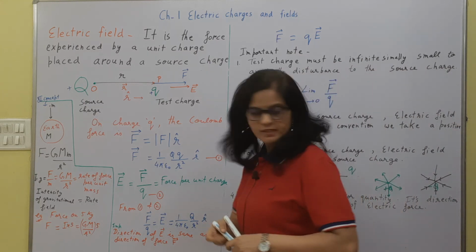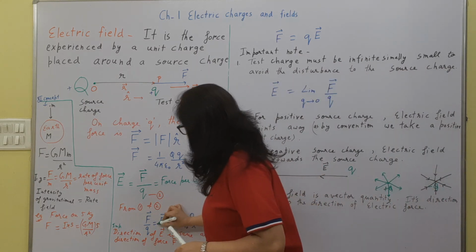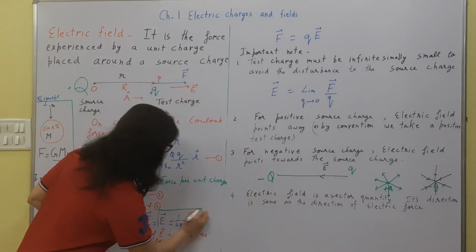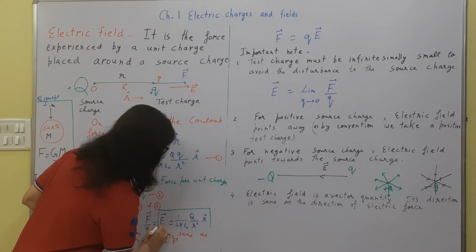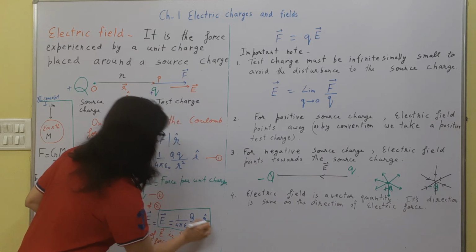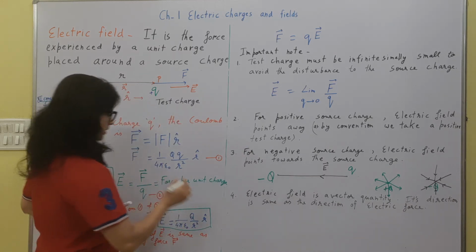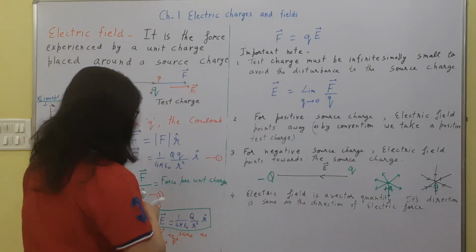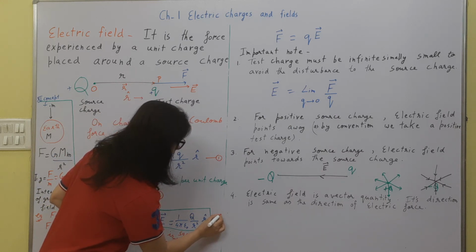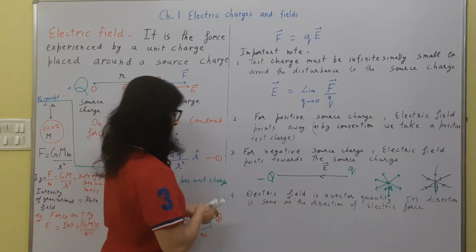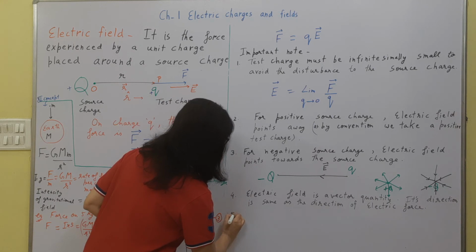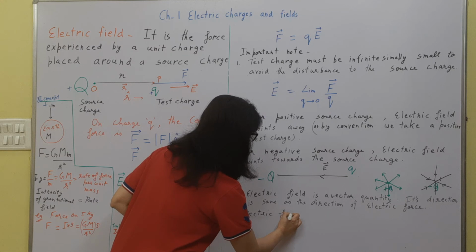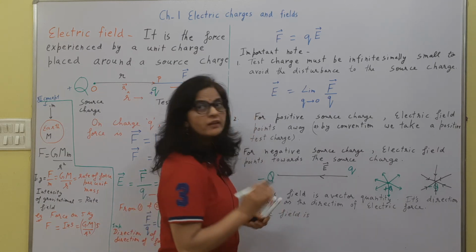We can write this formula once again for our reference. This is the formula for the electric field. This is our equation 3. Electric field is spherically symmetric.